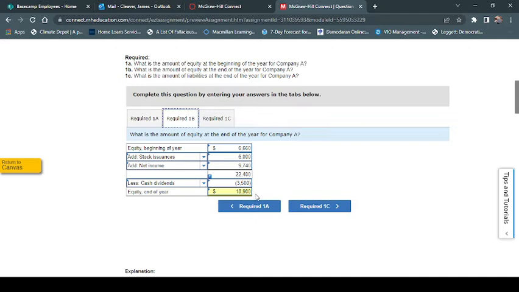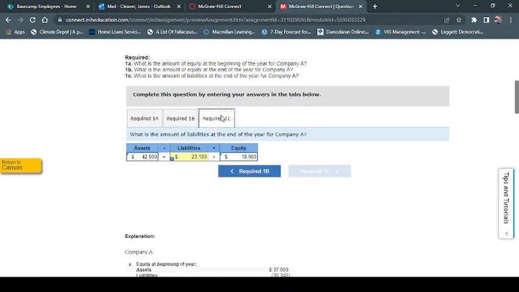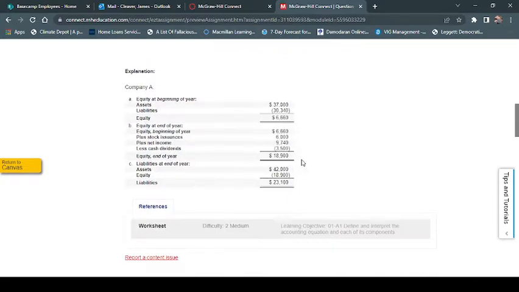So our equity at the end of the year is $18,900. And then in requirement C, you had to use that $18,900 in the equity box here in order to get your liabilities. So I know I put this on another tape, but again, here's the explanation for you if you missed it.